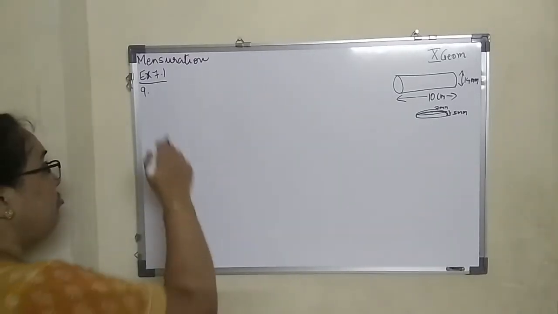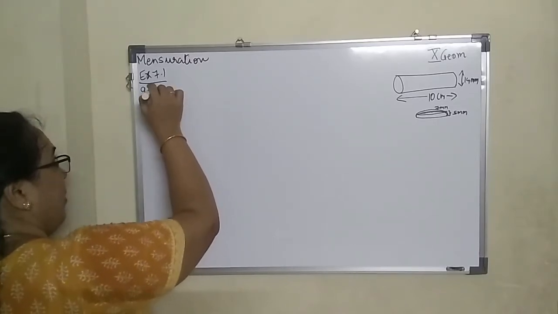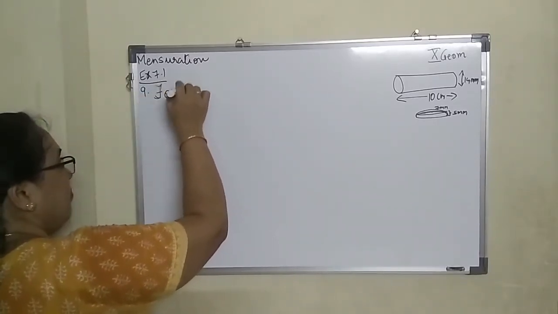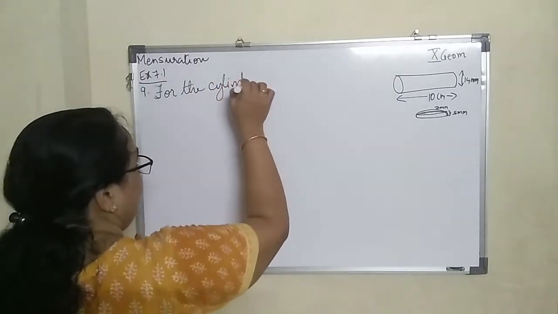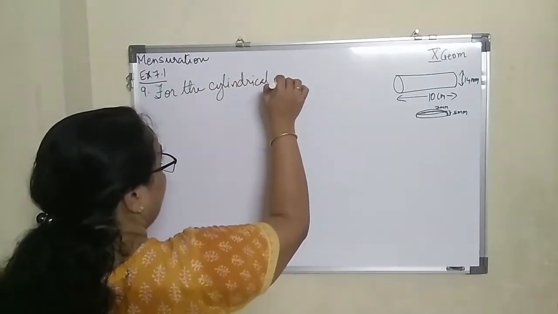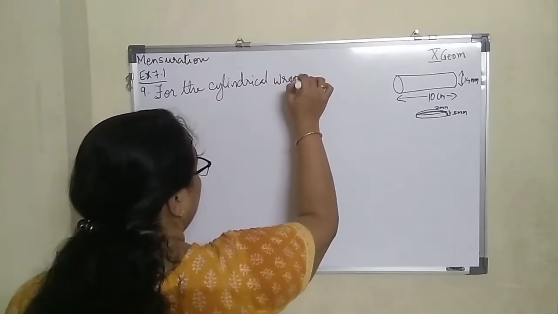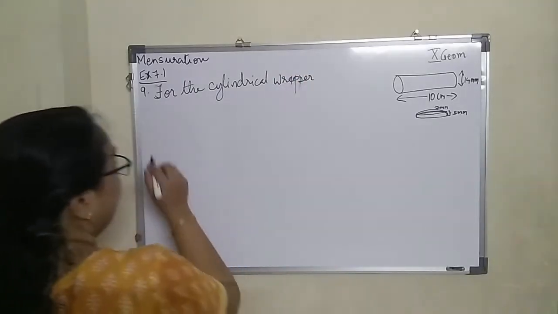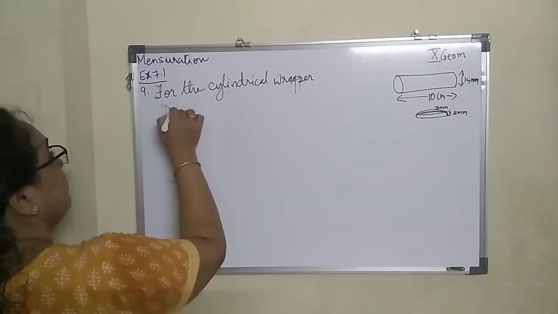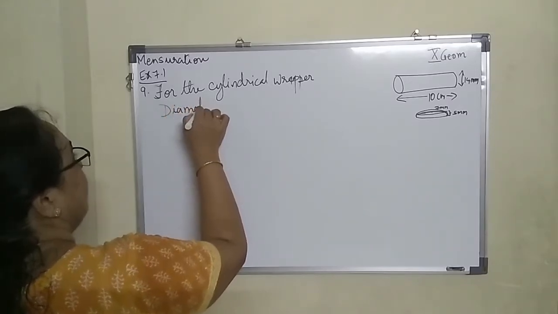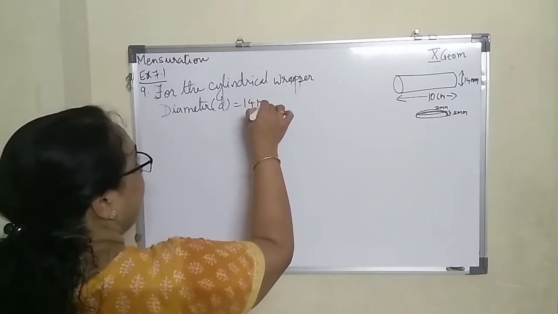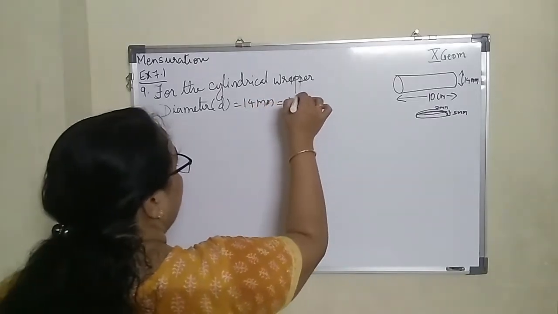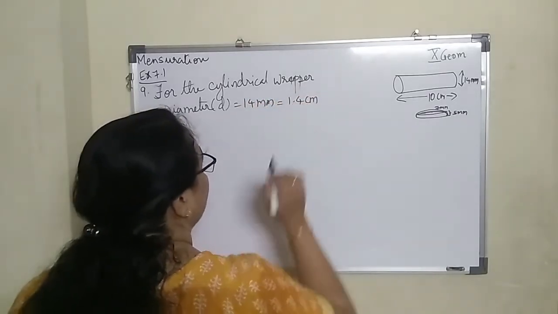Now, to start with the sum for the wrapper. Yes, if you want, you can specify the shape so that you remember about the dimension. Cylindrical wrapper, diameter is given. Diameter D is 14 mm, which I can write as 1.4 centimeter.